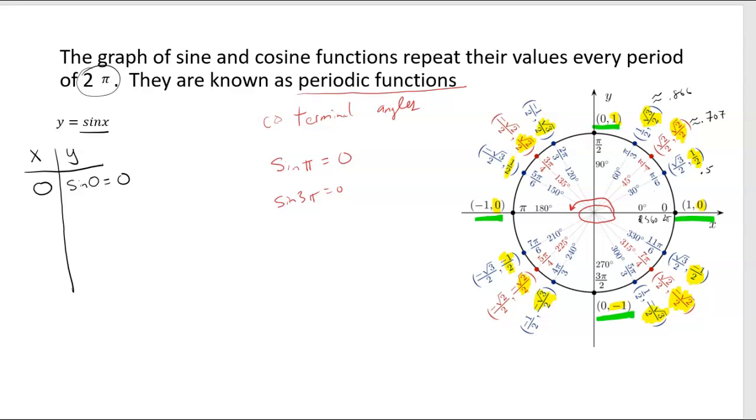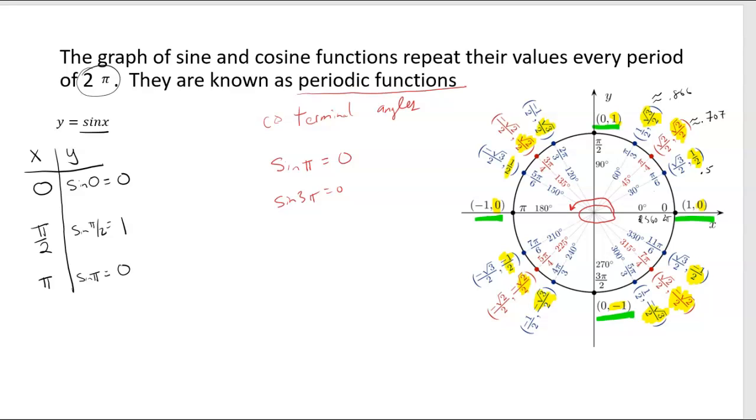So again, I'm going to skip the pi over 6, the pi over 4, the pi over 3, and I'm going to jump to pi over 2. And so the sine of pi over 2 is purely just 1. Again, I'm going to skip the 2 pi over 3, the 3 pi over 4, the 5 pi over 6, and then I'm going to jump to the pi. So sine of pi is just 0.